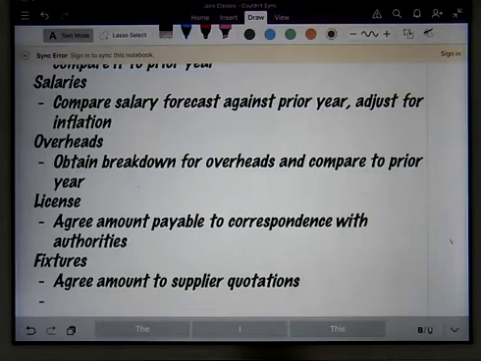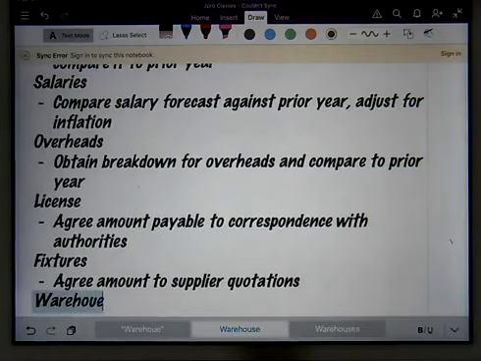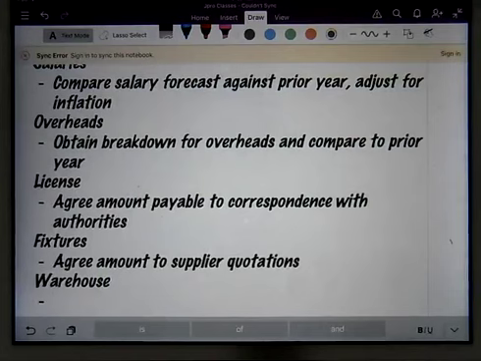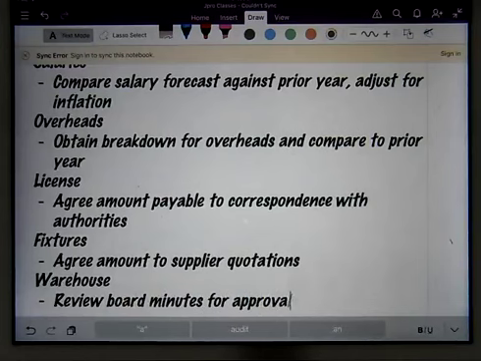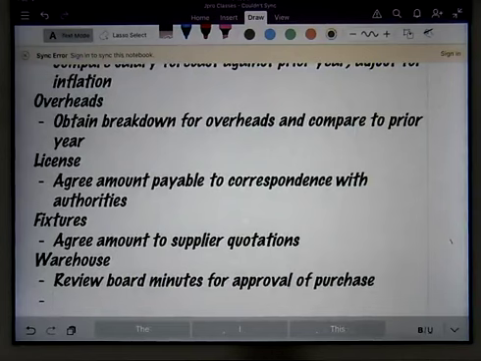We are a little bit not certain also. Remember, it's a risky question. What else do you want to do? Next one is the warehouse. Now, board minutes can.